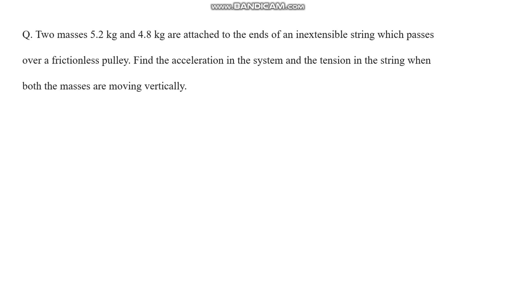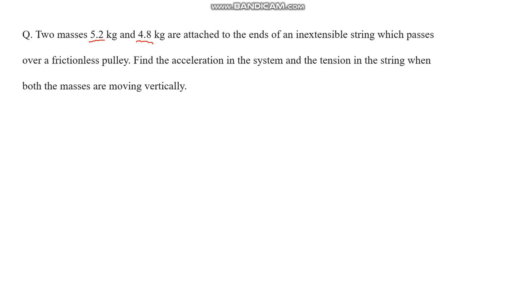Here is a question in front of you: two masses, 5.2 kg and 4.8 kg, are attached to the ends of an inextensible string which passes over a frictionless pulley. Find the acceleration in the system and the tension in the string when both the masses are moving vertically.